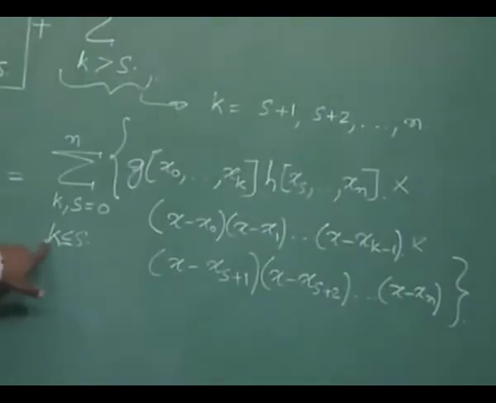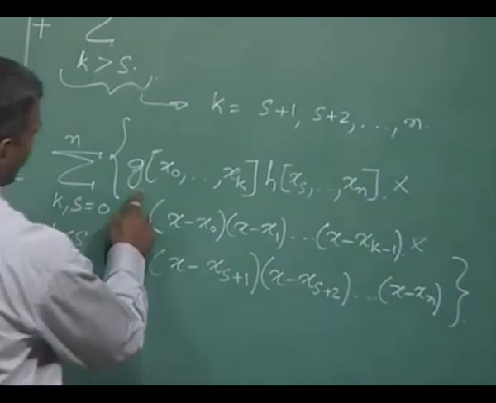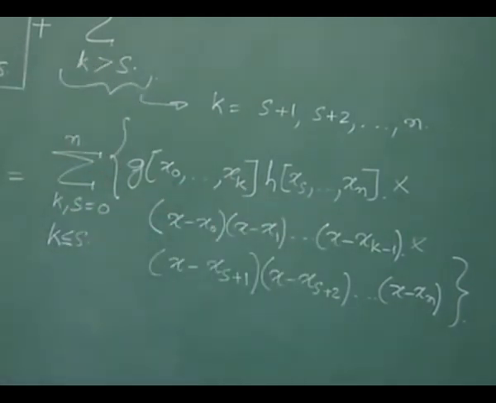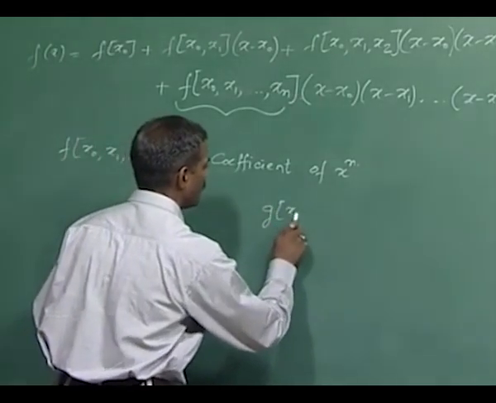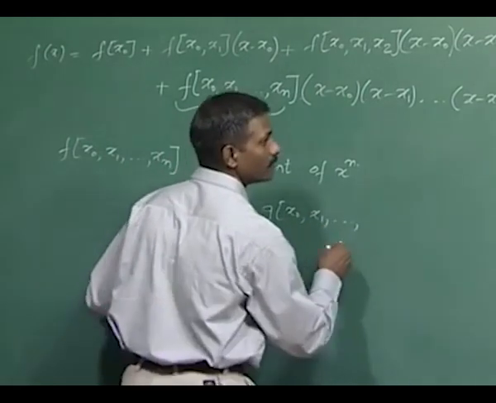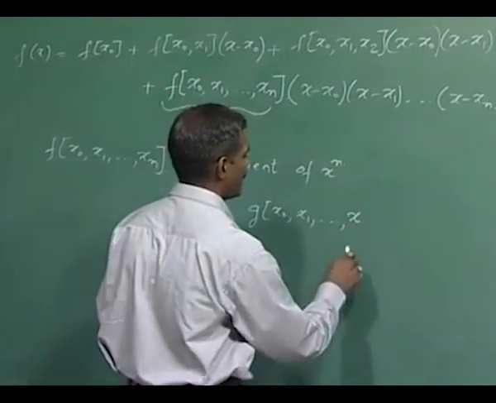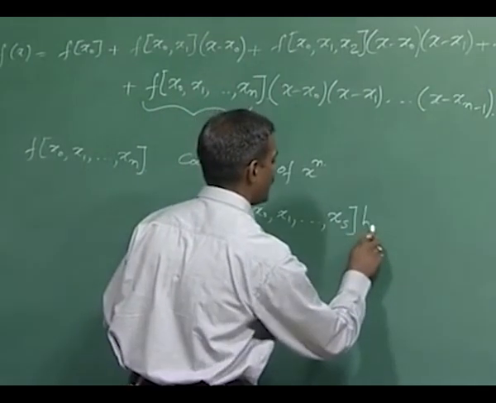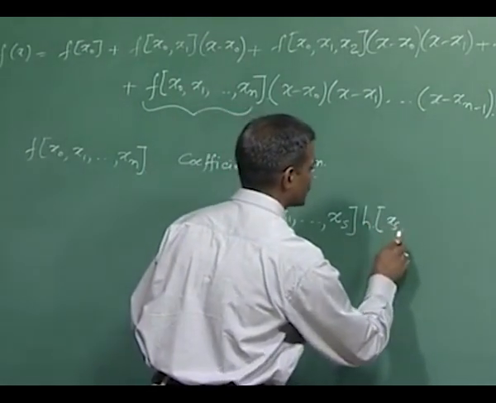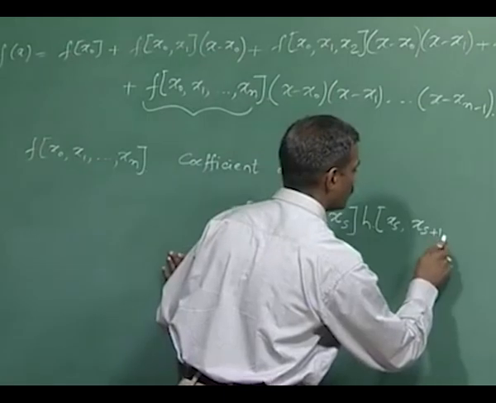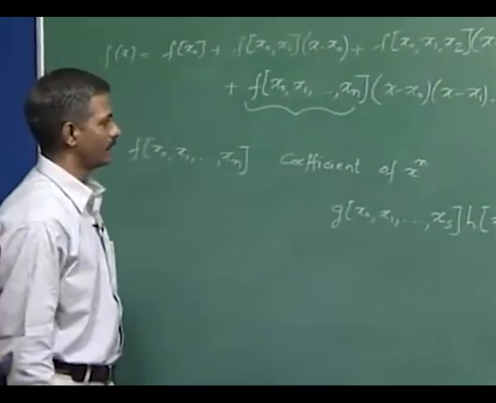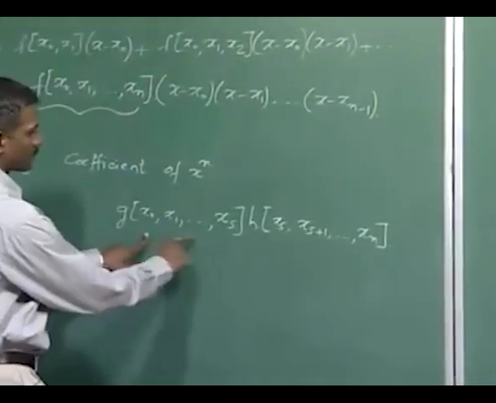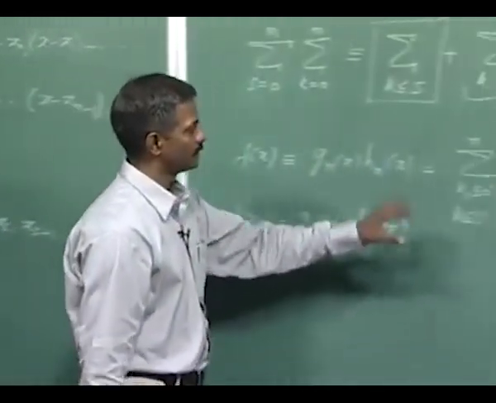So we set k equals s, then this coefficient becomes g[x0, x1, ..., xs] h[xs, xs plus 1, up to xn]. Now this expression corresponds to only one term here.